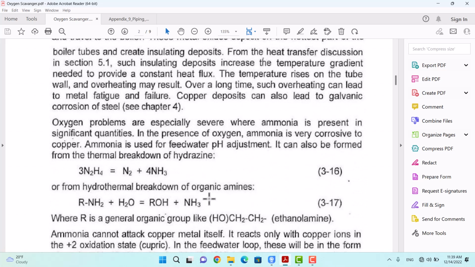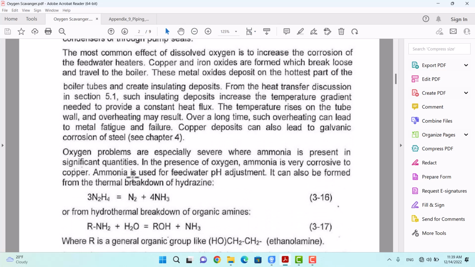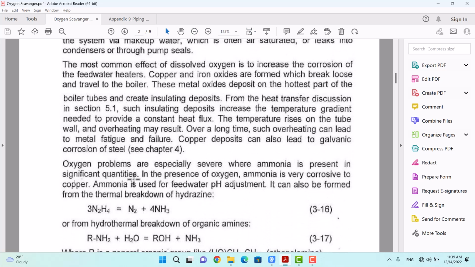So what does it say? It says that at first the dissolved oxygen increases the corrosion of some parts of the equipment. Then iron oxides are created. Iron oxide deposits sit on some parts of the equipment.